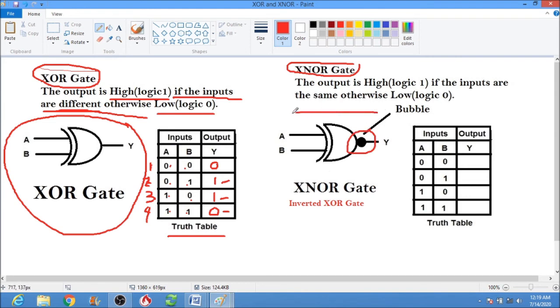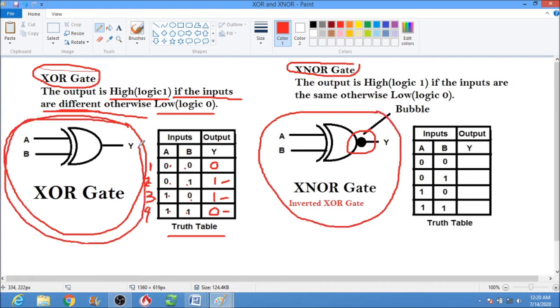Take note of this symbol and the other symbol for the XOR gate. The definition: the output is high if the inputs are the same, otherwise logic 0. So for 0 XNOR 0, that is 1, since they are the same.